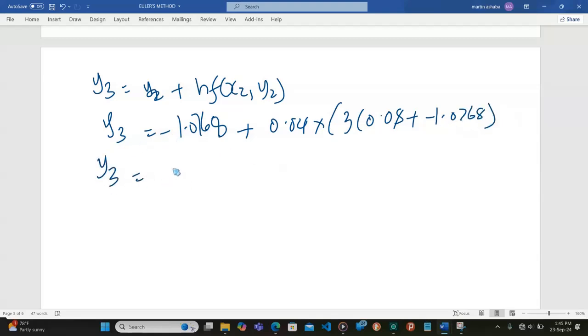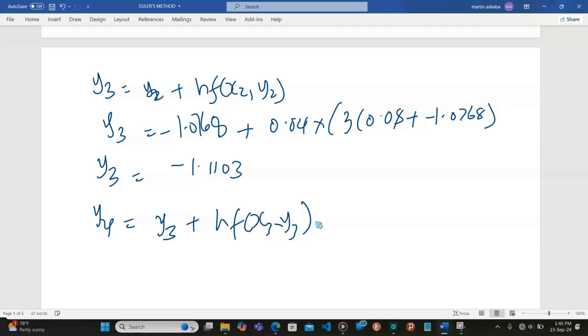So what is our y3? y3 is going to be negative 1.1103. So finally, let's look at y4. y4 is equal to y3 plus h f(x3, y3). But what is x4? This is the same as x3 plus h.